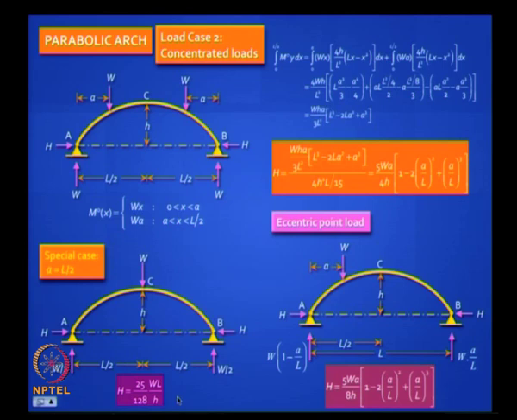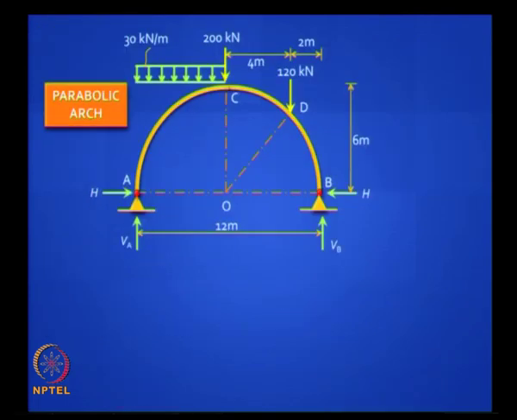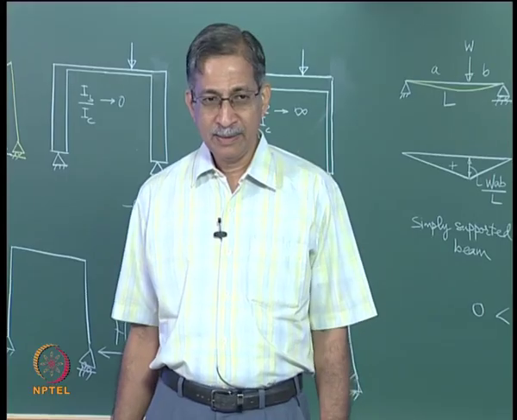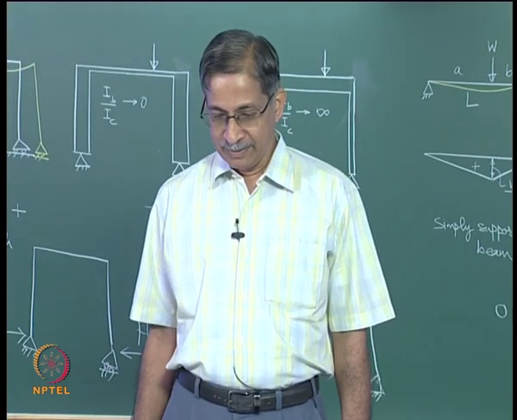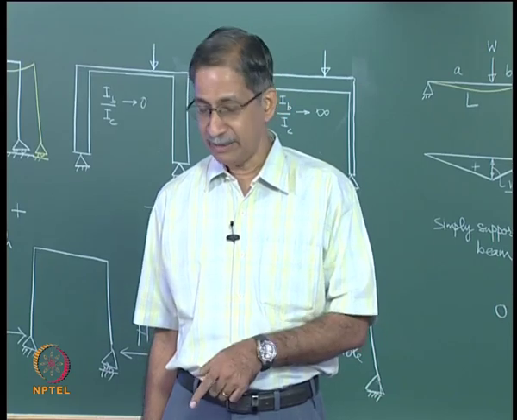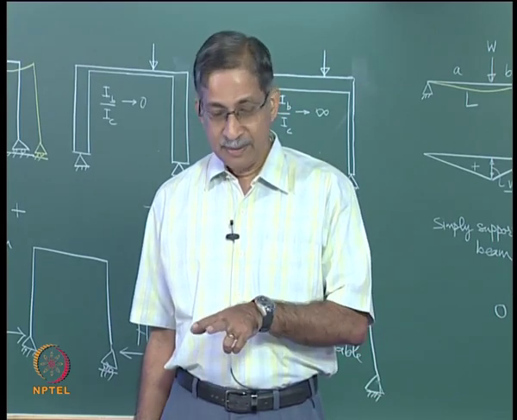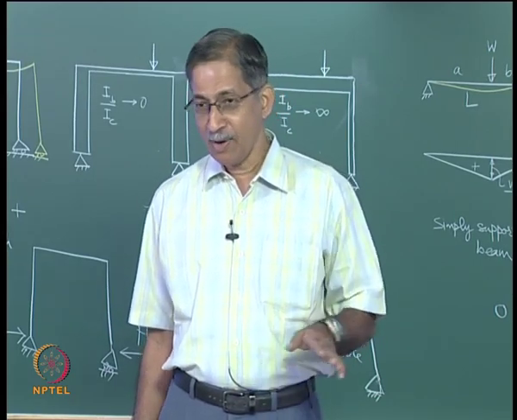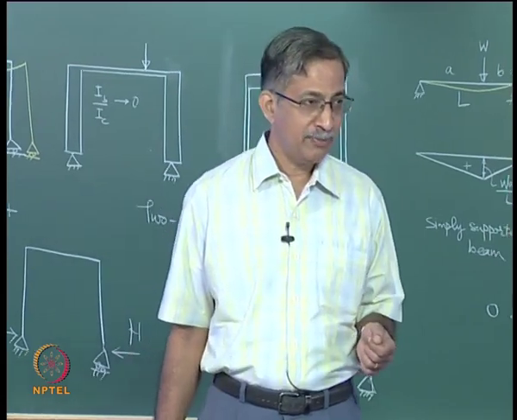Now let us put together all that we have learned and apply it to this problem. Just go through the motions of solving this problem. You have two concentrated loads, one is at the crown, the other is eccentric. You have a UDL, but not all the way till half.